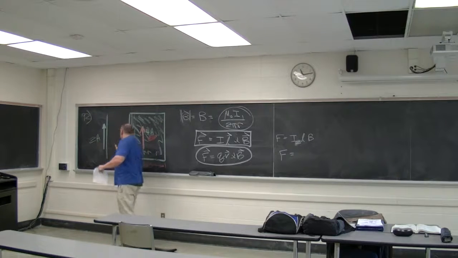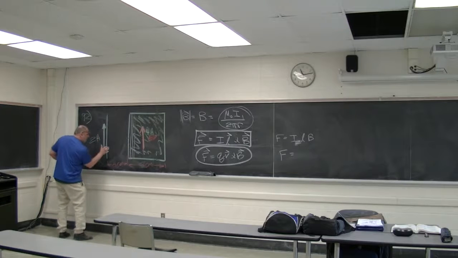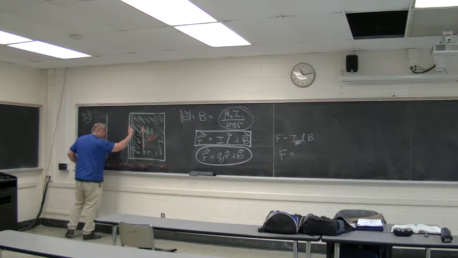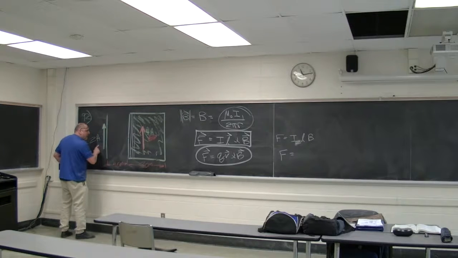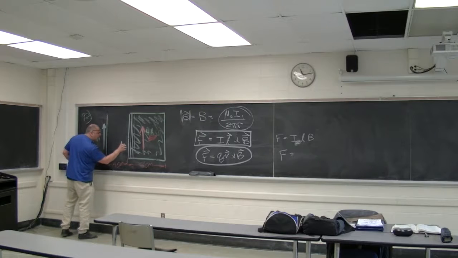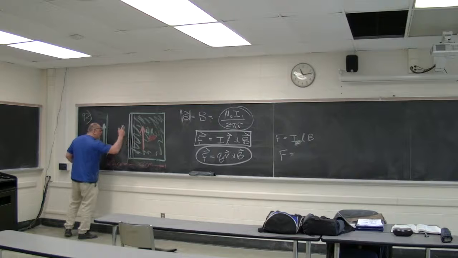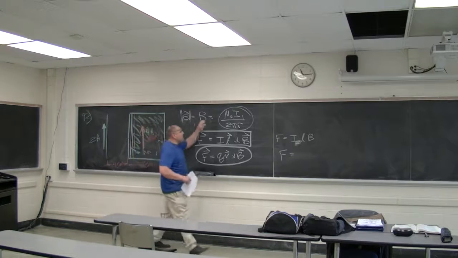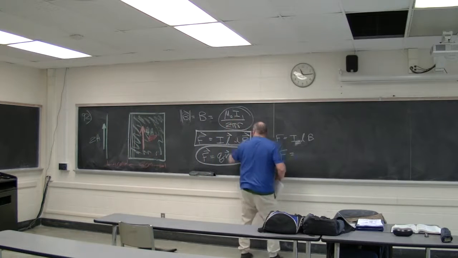This guy creates a B, right in there. The I is here. The other I is here. This is the I2. This is the I1. The I1 creates a B field into here. I2 L cross B, attractive force. So there's the I2, and there's the I1. This guy's associated with the I1.